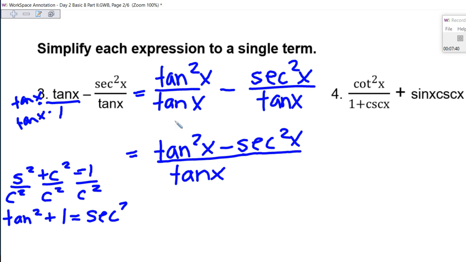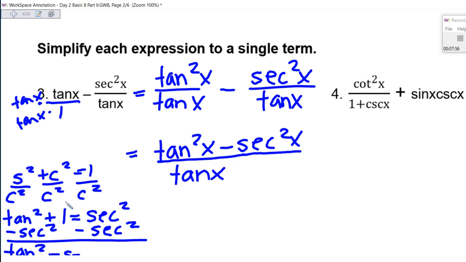Notice in my numerator I have tangent squared minus secant squared. So if I subtract secant squared to both sides, that gives me tangent squared minus secant squared plus 1 equals 0.